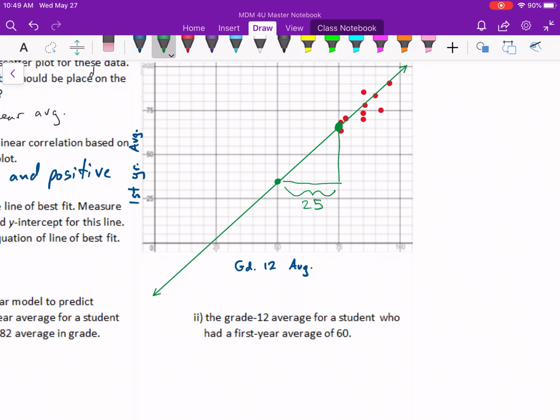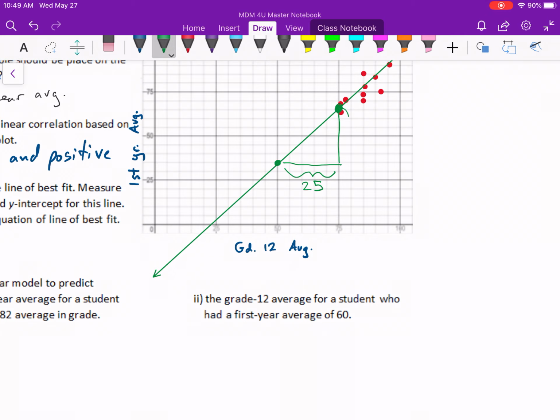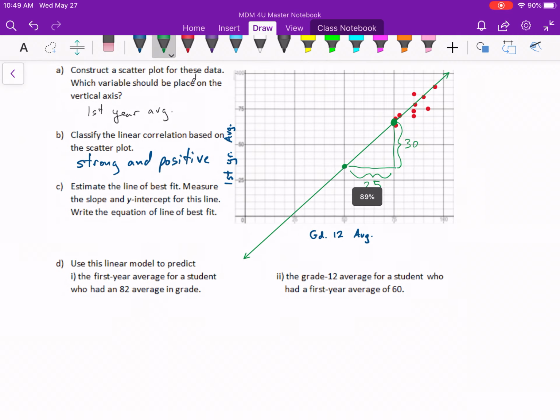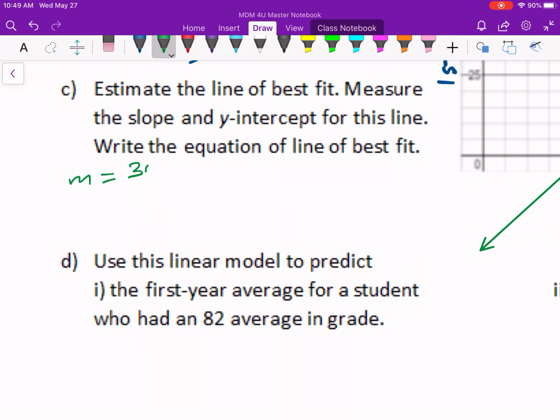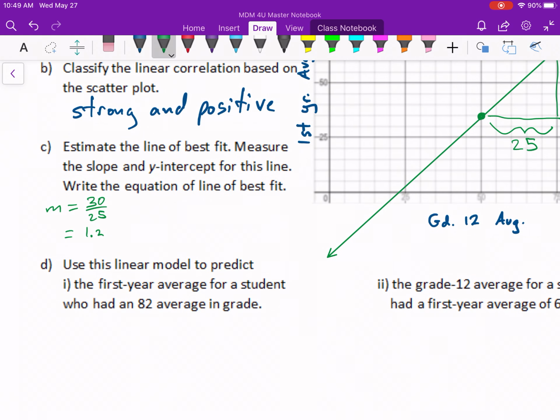From 35 up to 65 is going up by about 30. And so the slope is going to be rise over run, 30 over 25. 30 divided by 25 is 1.2. Anyway, there we have a slope of 1.2.